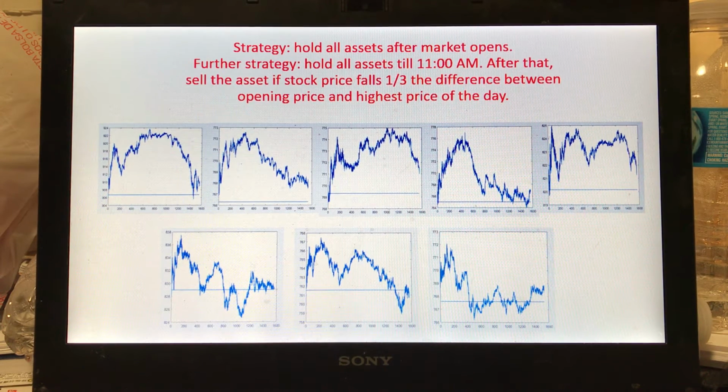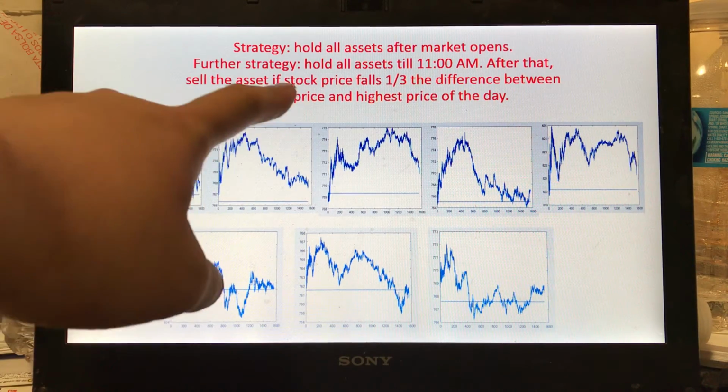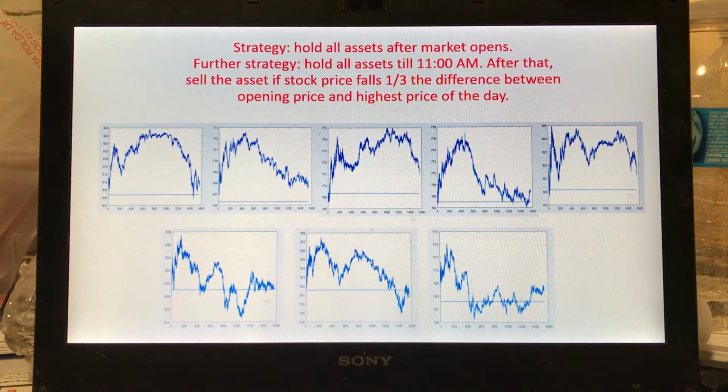An approximate magnitude at which I want to sell my stock is if the stock price falls about 1/3 of the difference between the opening price and the highest price of the day.